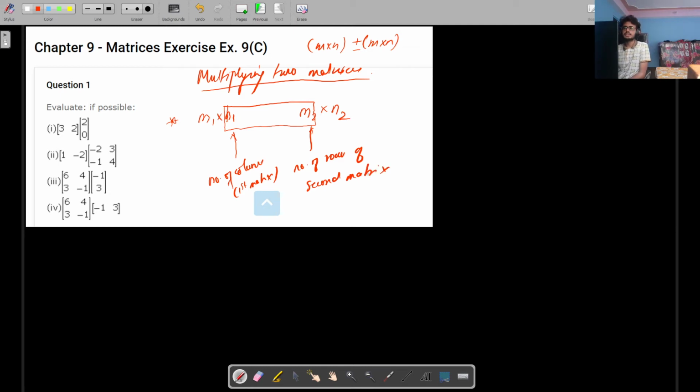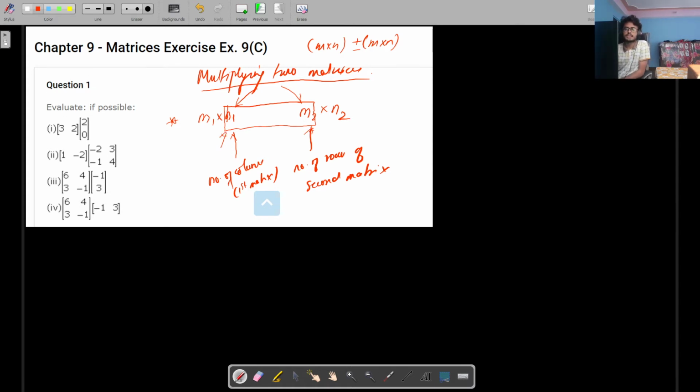Multiplication of two matrices is only possible if the number of columns in the first matrix is equal to the number of rows of the second matrix.